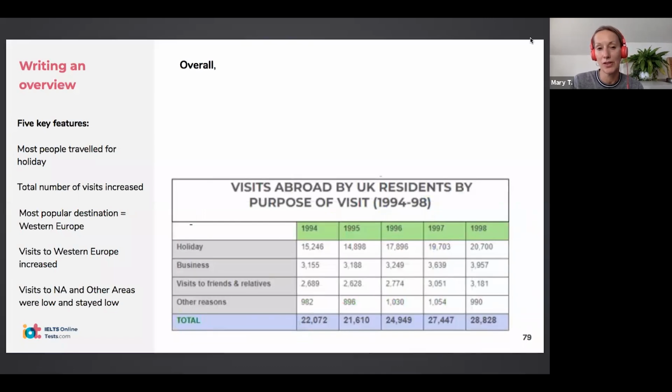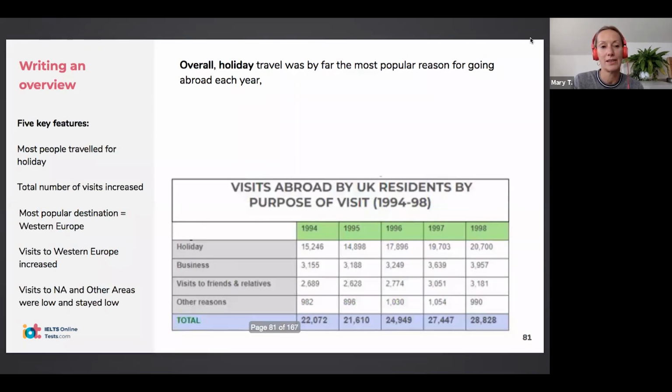So to introduce the overview, you start with a word like overall. Okay, so something travel was by far the most popular reason for going abroad each year. So this is looking at the first feature, holiday, that's right.